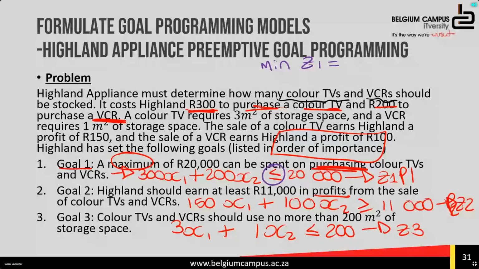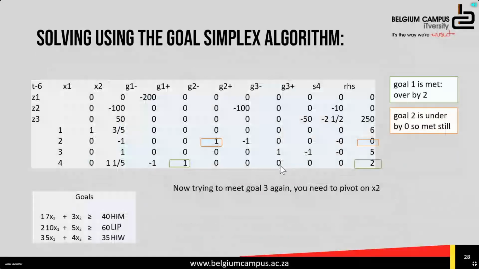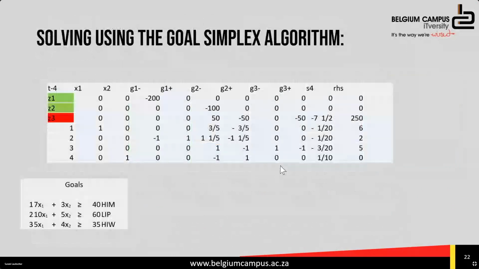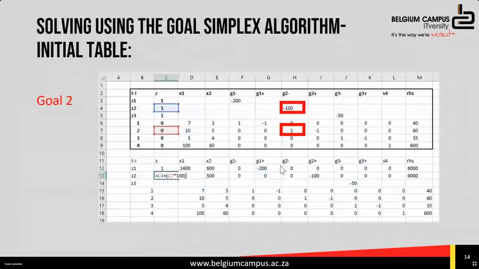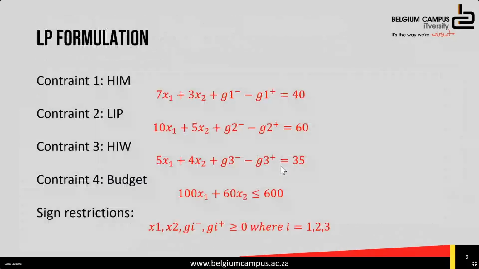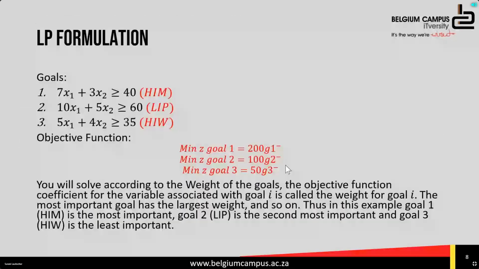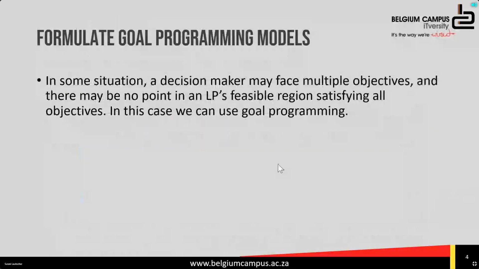How do you know when it's a penalty or a priority? In this case, there's no penalties given. So if it says you're going to pay this amount for every amount that it's under the goal, then you know it's a penalty. Let me go back to the example.